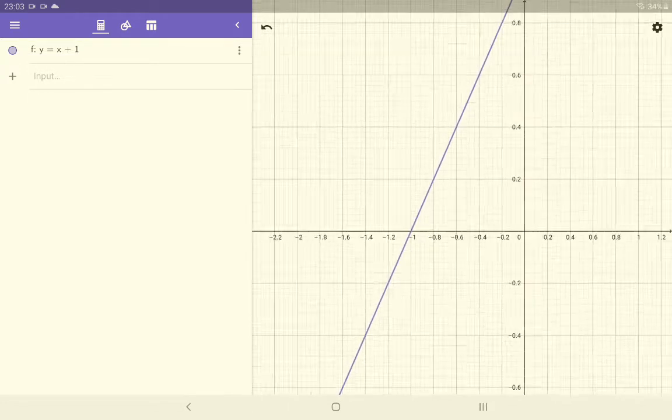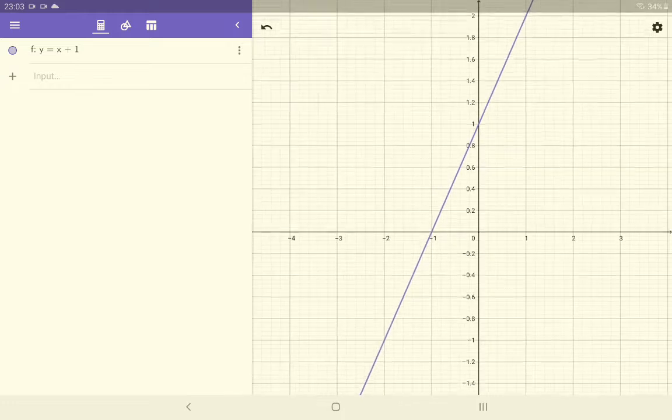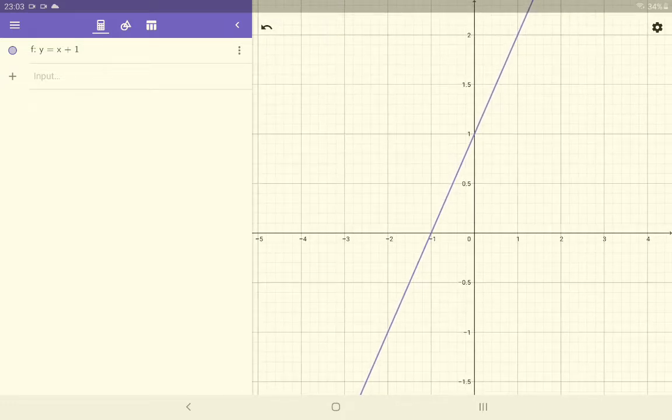See, if I have the function y equals x plus 1 here, my y is x plus 1, then if I substitute 1 in place of x, I will get y as 2.